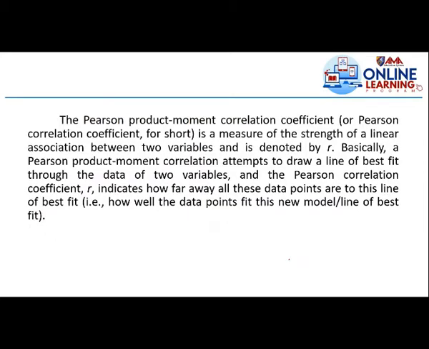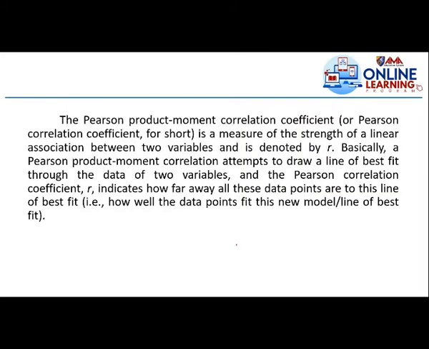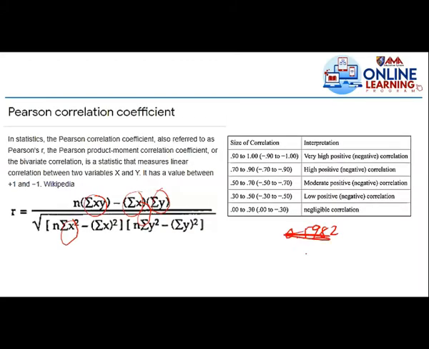Is that right? Wrong. 52.98, sorry. 52.98. So where does it fall? Here. So you make a conclusion. The two variables have a moderate positive correlation with each other.